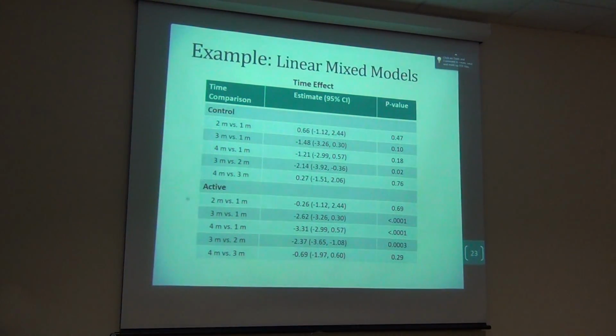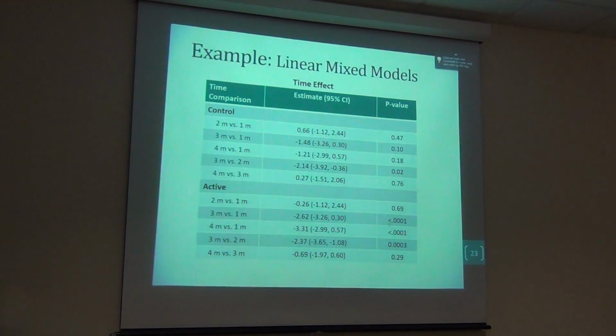Now, looking at the active group, you can see that the response at 2 months compared to at 1 month is very similar, okay, with a p-value of 0.69. You can compare the response at 3 versus 1, 4 versus 1. Like I say, all pairwise comparison. And here you can see that as time goes on, the response seems to decrease.